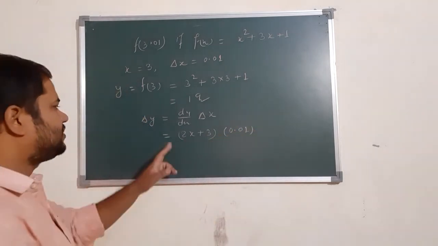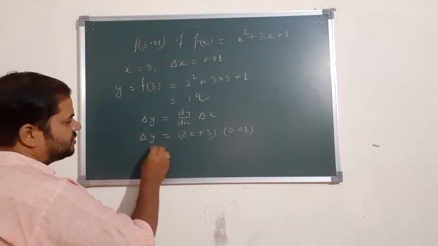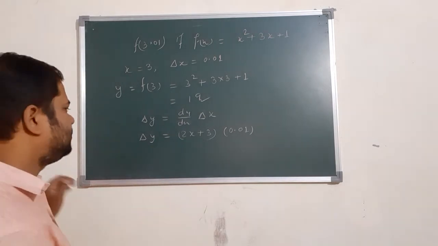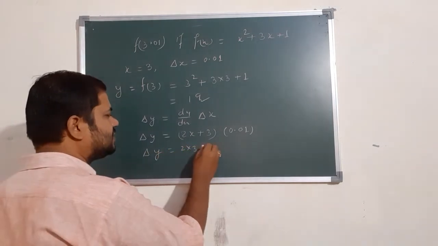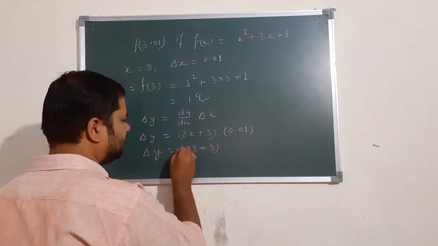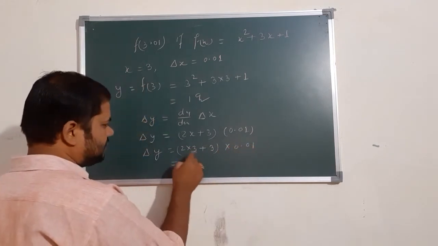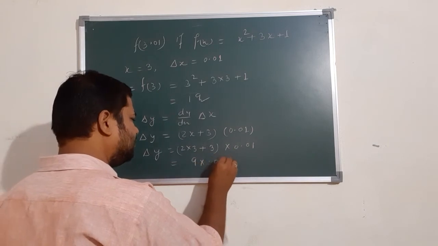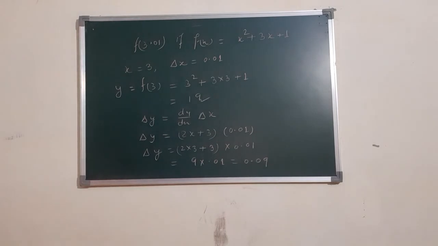Now 2x plus 3, so delta y is 2 into 3 plus 3, into 0.01, so 6 plus 3 is 9 into 0.01, which is 0.09. So this is the value of f dash 3, that means delta y.